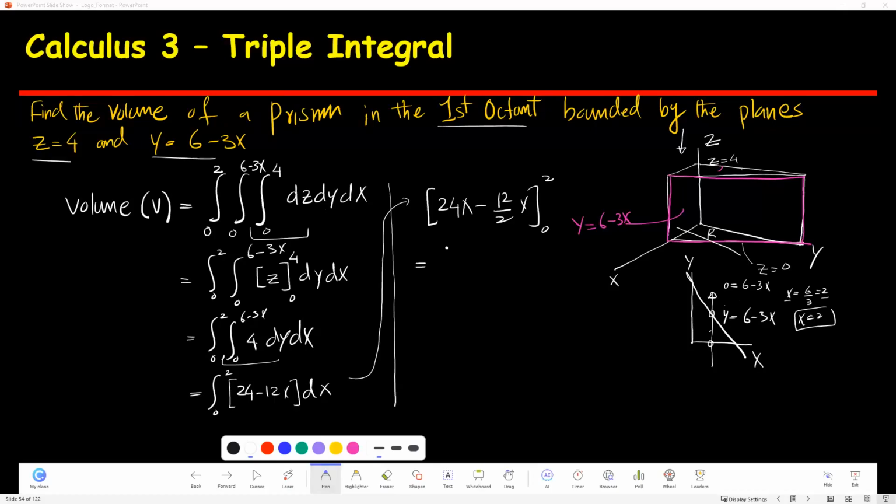Substitute the value: 48 minus 6 times 4, and minus 0, is going to be 48 minus 24 minus 0. Solve it, it's going to be 24.